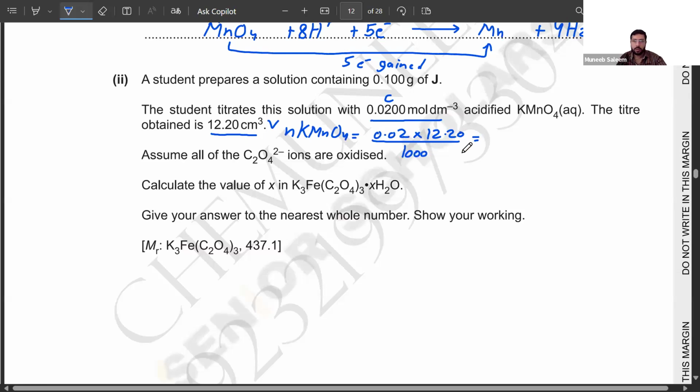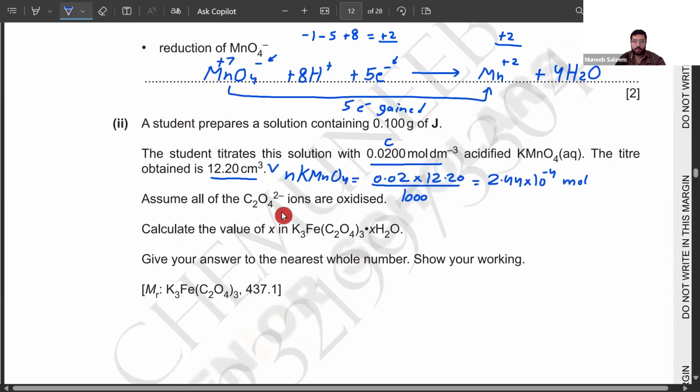Now the value will come out to be 2.44 times 10 to the power -4 mole. All right, now this is the value for the moles of potassium manganate.